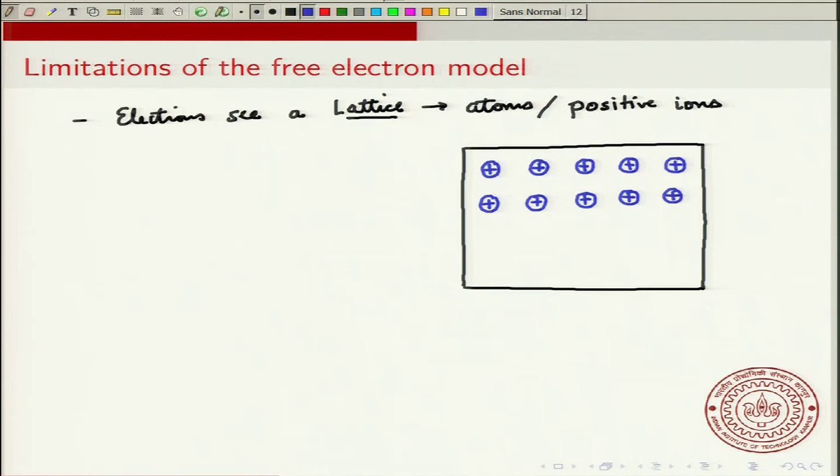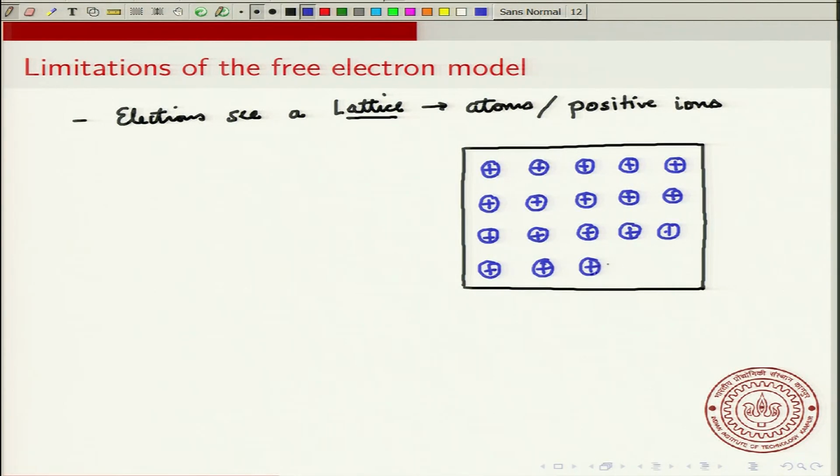They are not completely free, as in they cannot just run from one end to the other. They will see this periodic lattice. And so, that is the first thing.